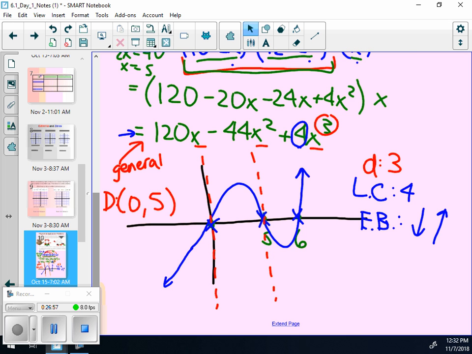Okay, now, because all we have is just this part here, and we said we want to maximize the volume of our box, where do you think you would find the maximum volume on this part of our function? At the maxima, probably be the best bet.